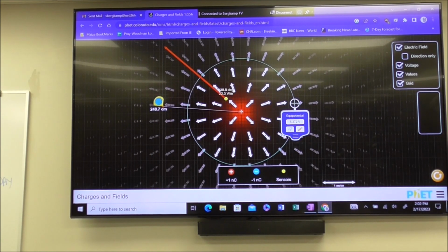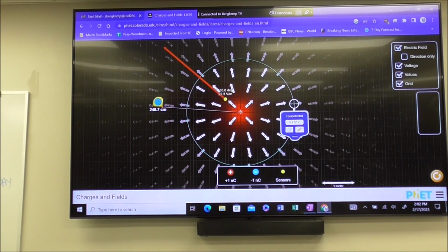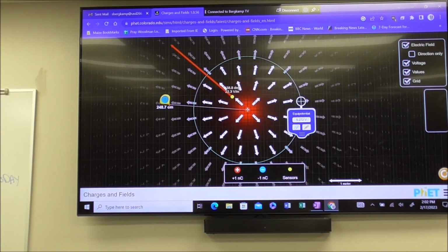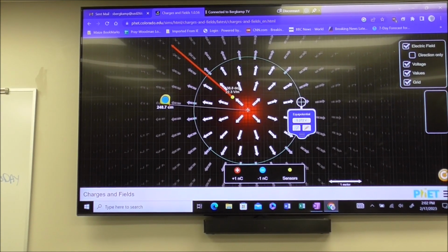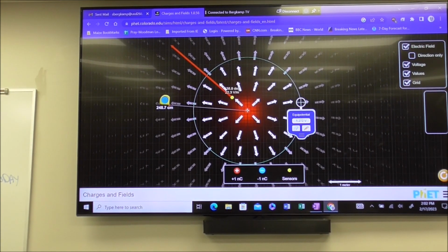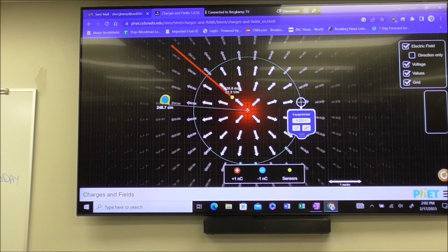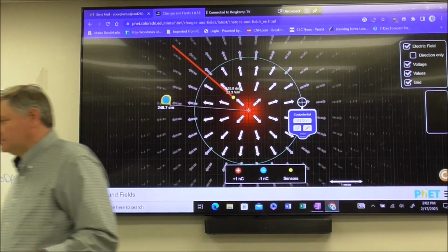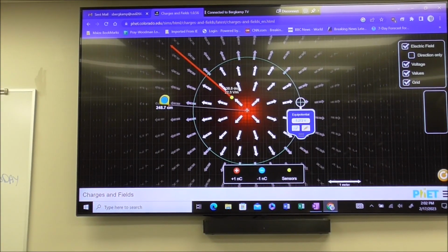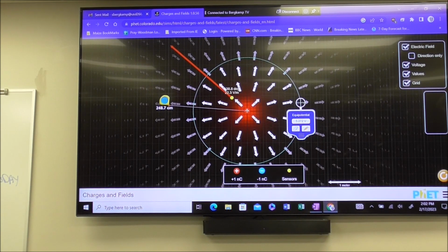Okay, replace the positive with a negative point charge. I put a couple more blue ones, but I didn't finish half of the problem, the voltage.